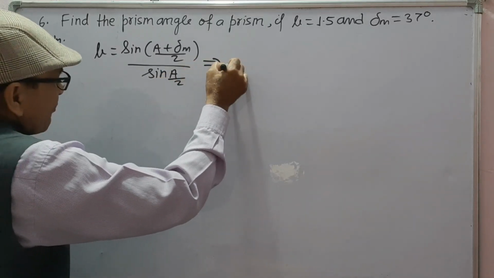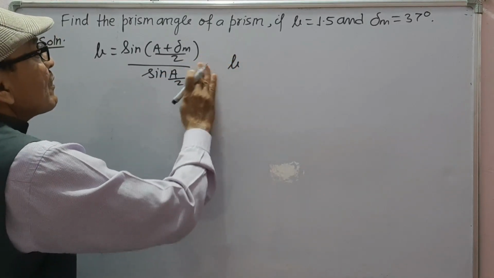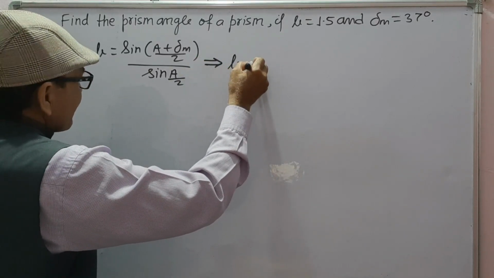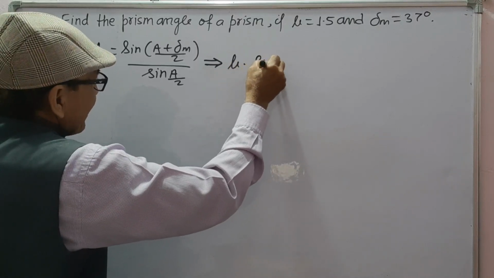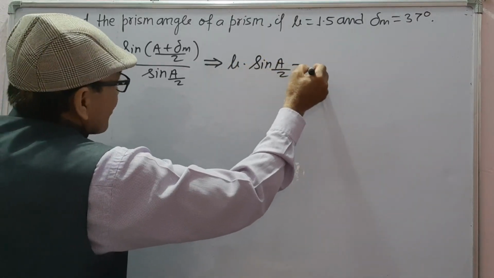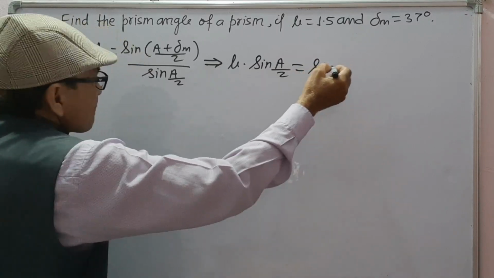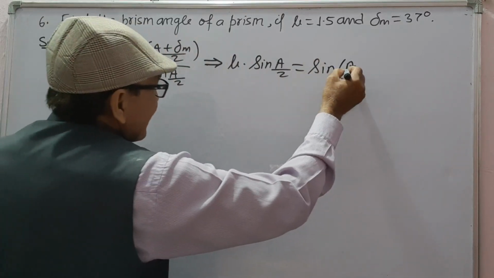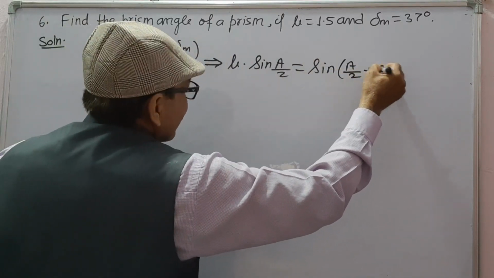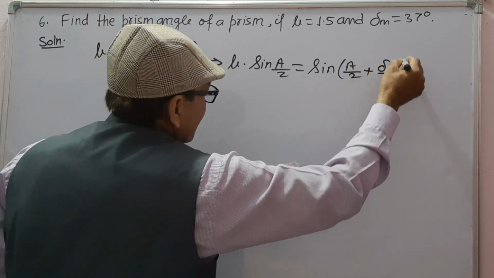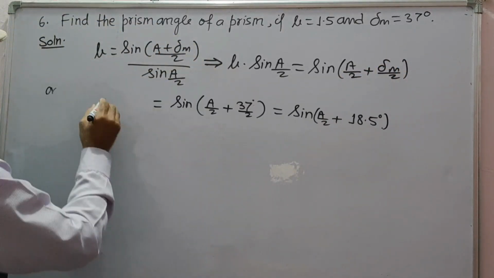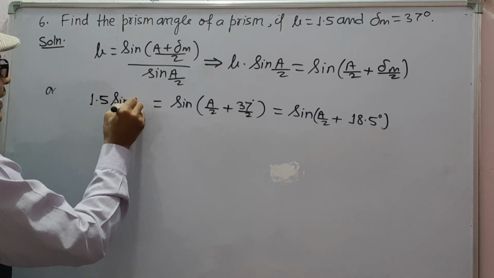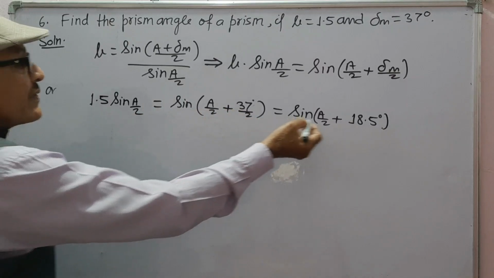This gives mu into sin A by 2 is equal to sin of A by 2 plus delta m by 2, or 1.5 into sin A by 2 will be equal to this one.